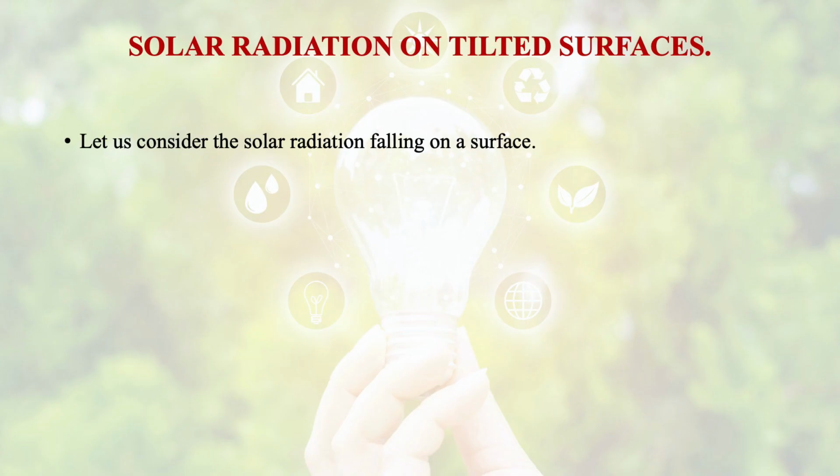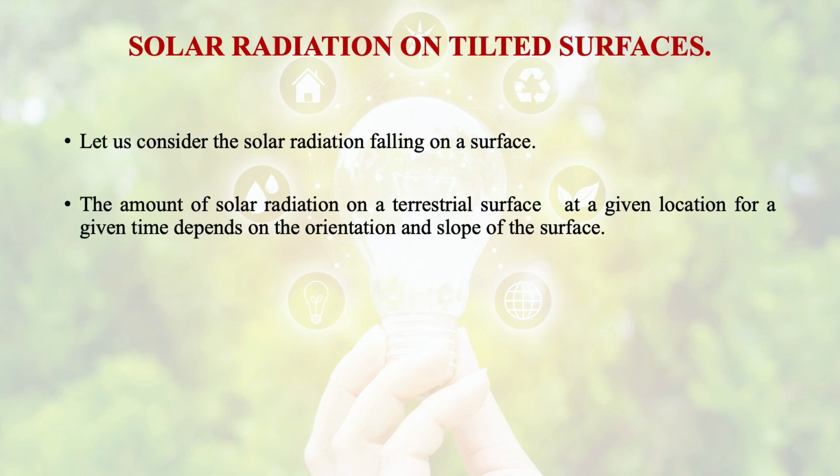Now let us discuss the solar radiation on tilted surface. So let us consider the solar radiation falling on a surface. The amount of solar radiation on a terrestrial surface at a given location for a given time depends on the orientation and slope of the surface as well.